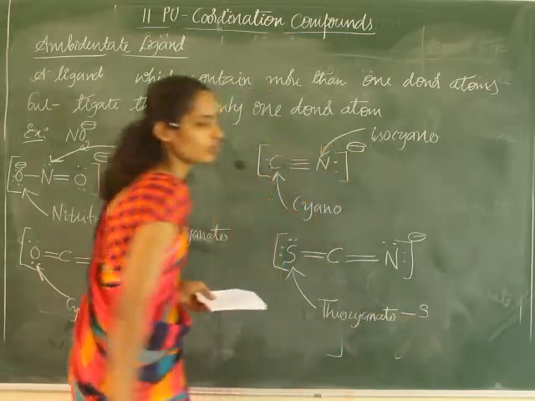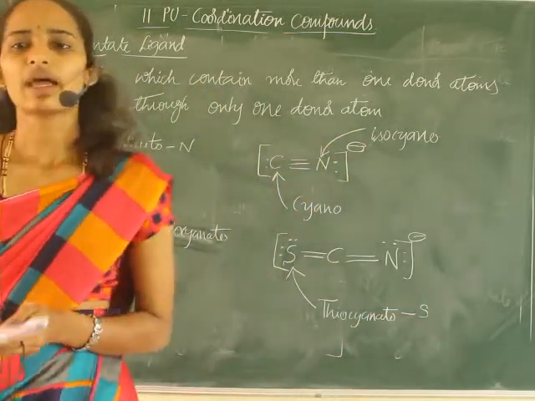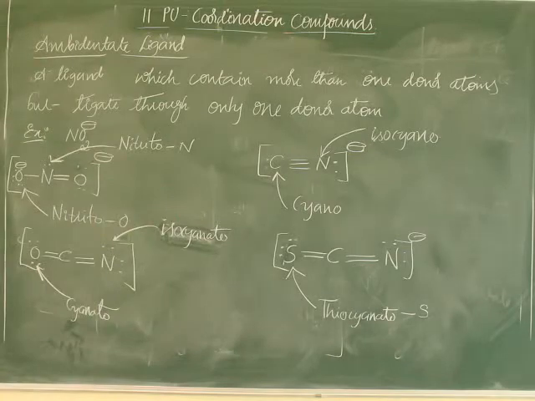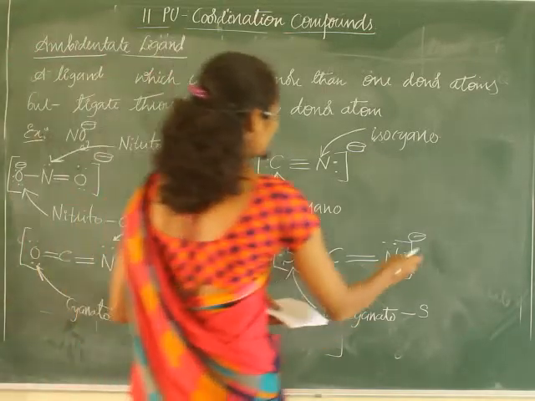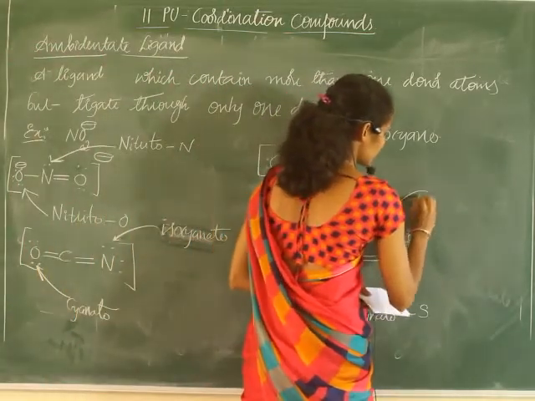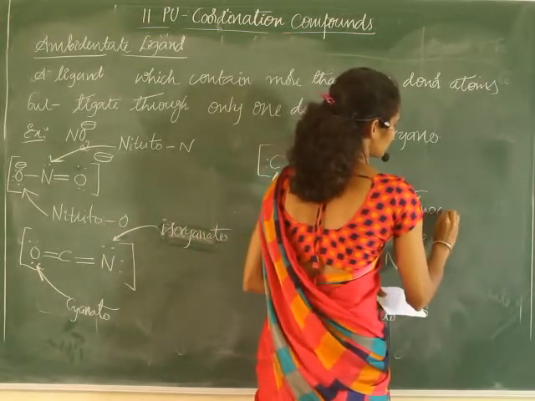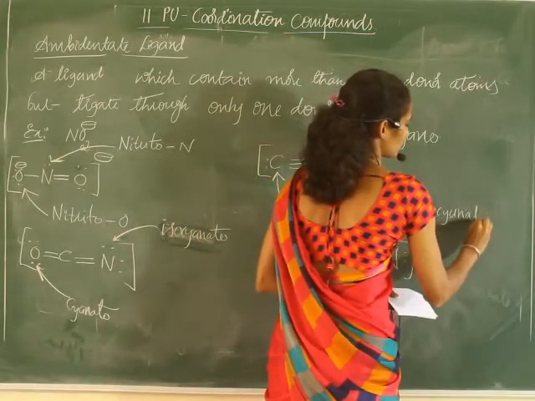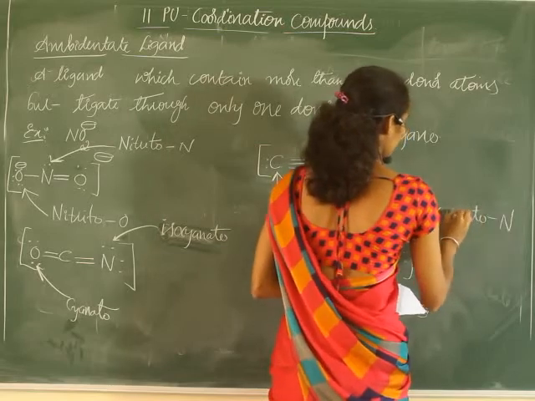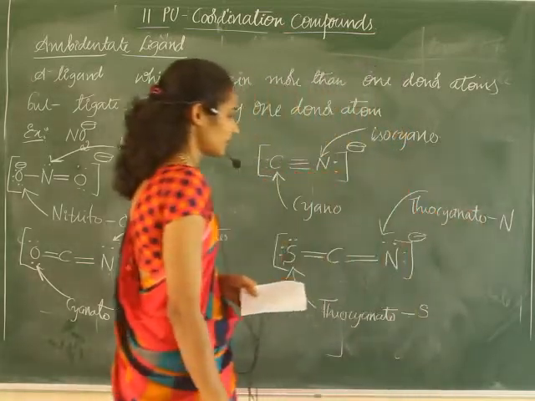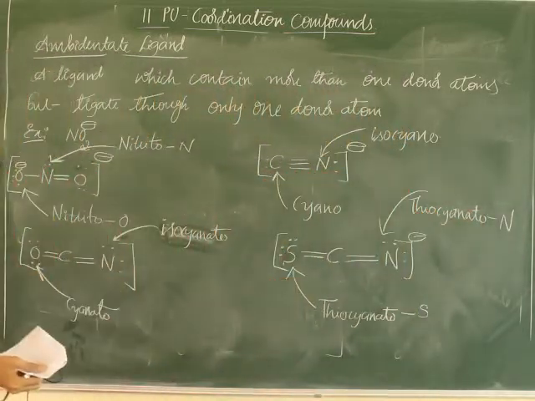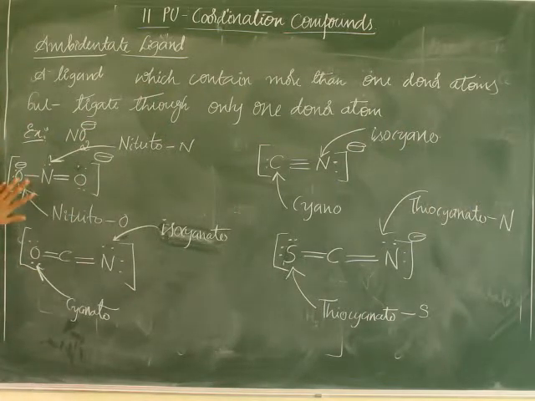If it is bonded through nitrogen atom, then it is called isothiocyanato, N. Okay, that is a ligand which contains more than one donor atom.